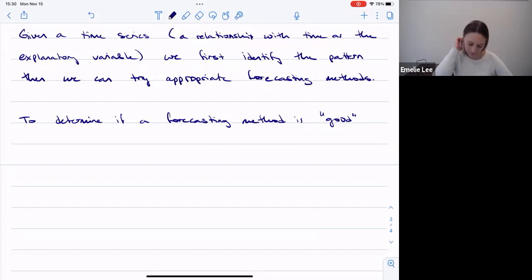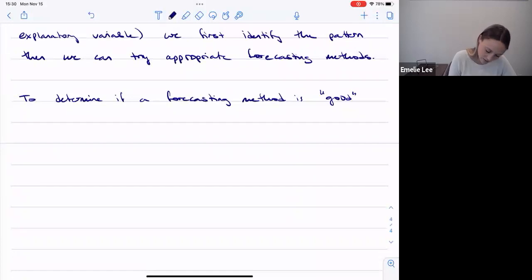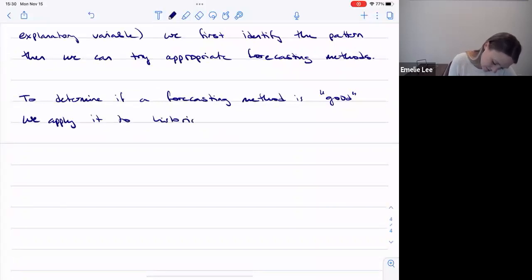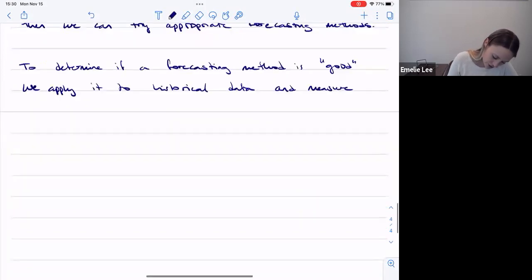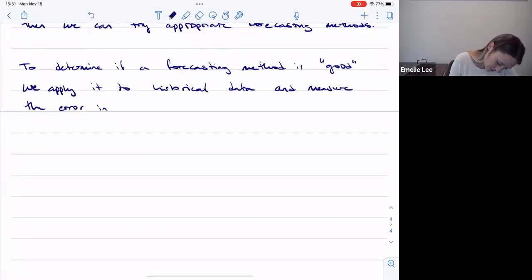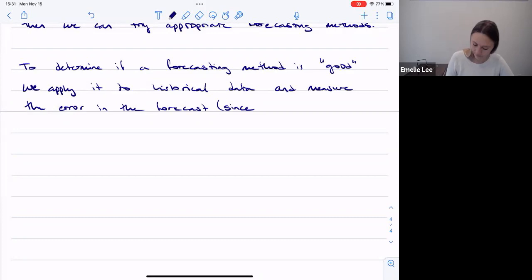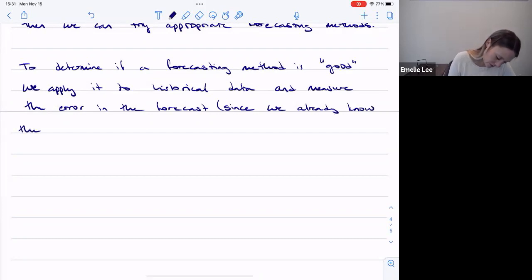So to determine if a forecasting method is good, we apply it to historical data and measure the error in the forecast, in brackets, since we already know the outcome of historical data.